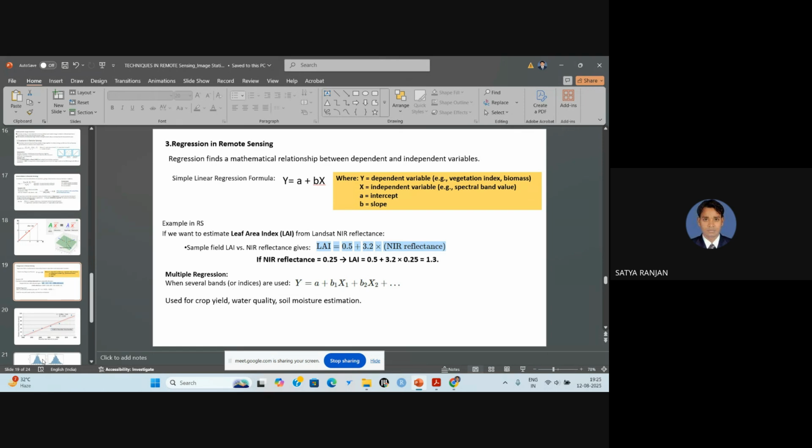In the y section, we have a vegetation index or biomass, and x, the independent variable, is like spectral band values, because different land covers have different responses in the different spectral bands.